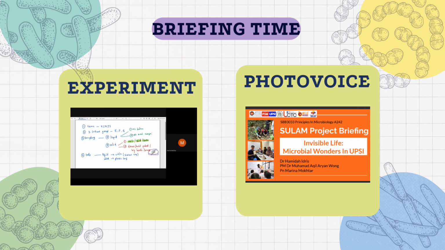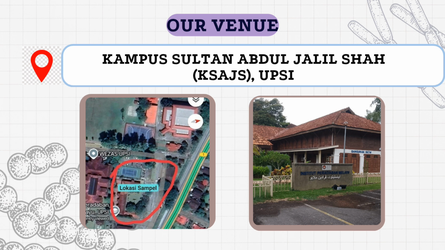Before our project began, we first attended an online briefing via Google Meet where we received guidance on how to connect our lab work with real-world applications and how to complete this Photovoice project. We began our project by selecting Campus Sultan Abdul Jalil Shah, UPSI, as the venue.